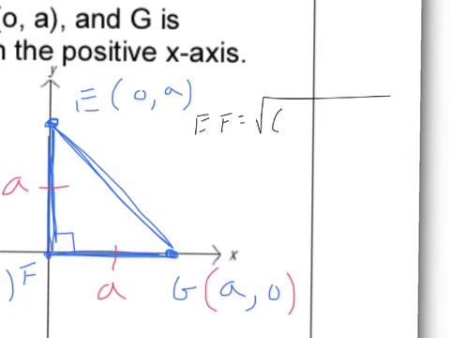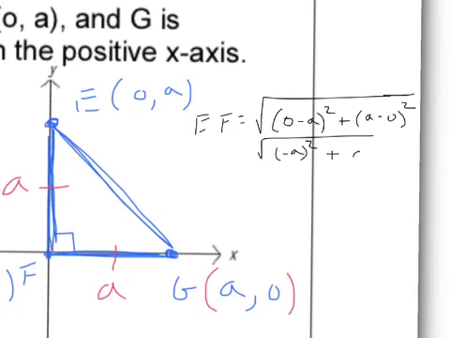So let's do top minus the bottom, which is going to be 0 minus A squared plus A minus 0 squared. 0 minus A is negative A squared. A minus 0 is just A squared. Negative A squared is the same thing as A squared. A squared plus A squared is 2A squared. You could factor out an A squared because the square root of A squared is just A, leaving A rad 2.